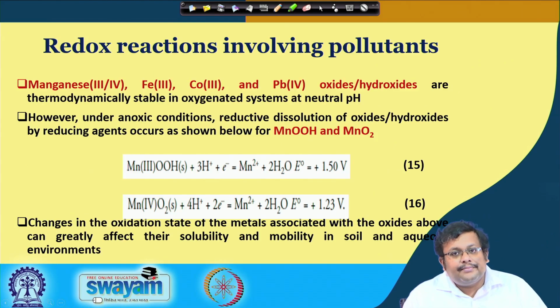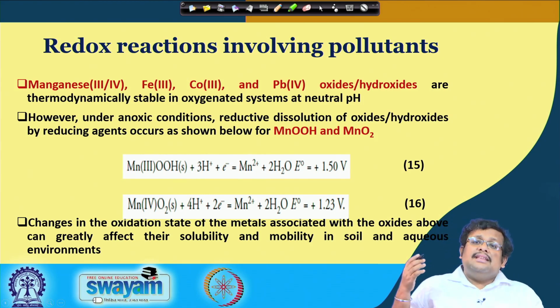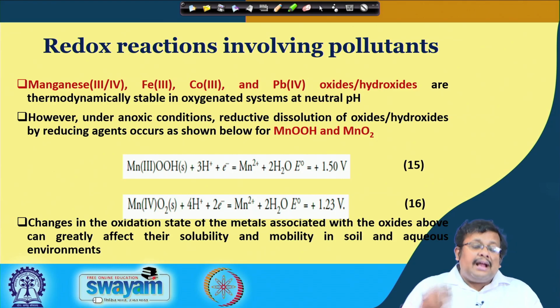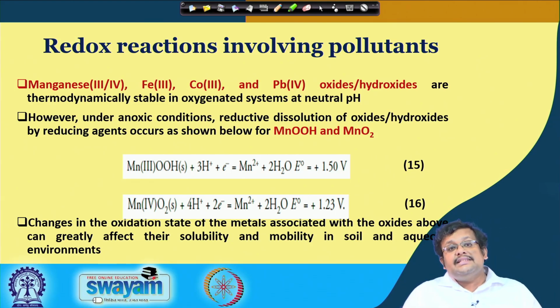Now, the next thing we are going to talk about is the redox reactions involving different inorganic and organic pollutants. You see that manganese with the oxidation number of 3 and 4, then ferric, then cobalt with oxidation number of 3, then lead 4, all these oxides and hydroxides are thermodynamically stable in oxygenated system at neutral pH. So, in aerobic condition, they are thermodynamically stable.